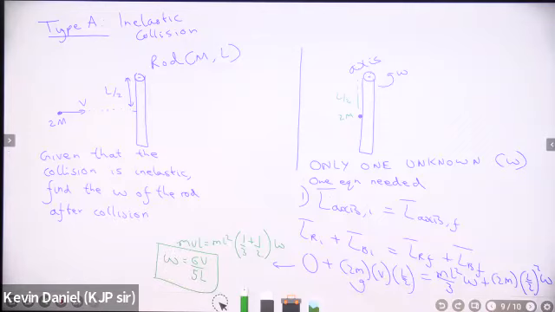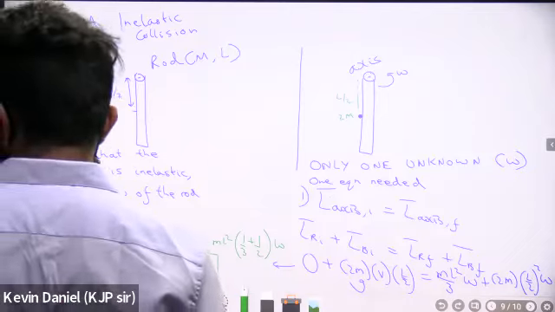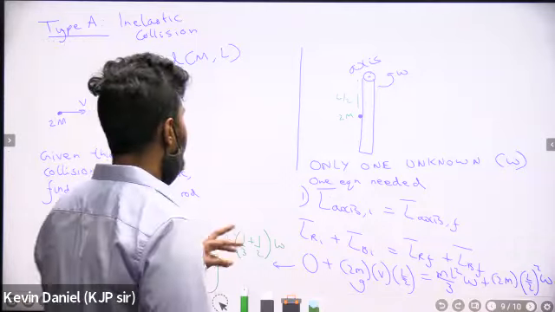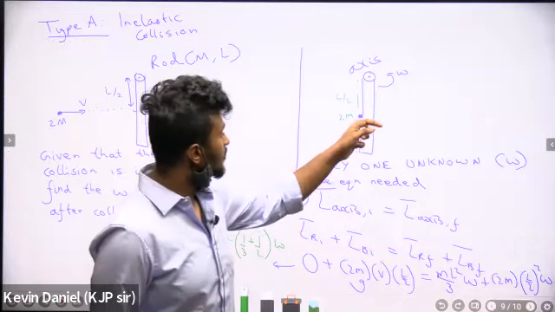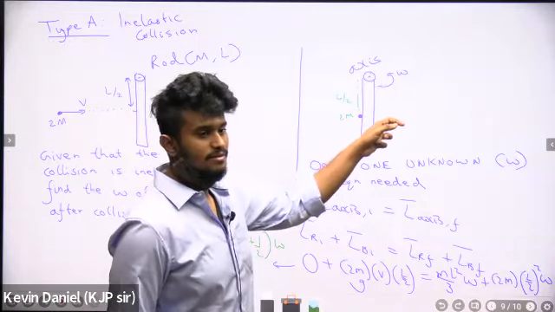On the LHS, omega 1 and omega 2 in type A, but in type B, omega 1 for example and omega 2. So will that be the velocity of separation? Not omega directly. Let me refine a couple of things. The velocity of the rod will be r omega.